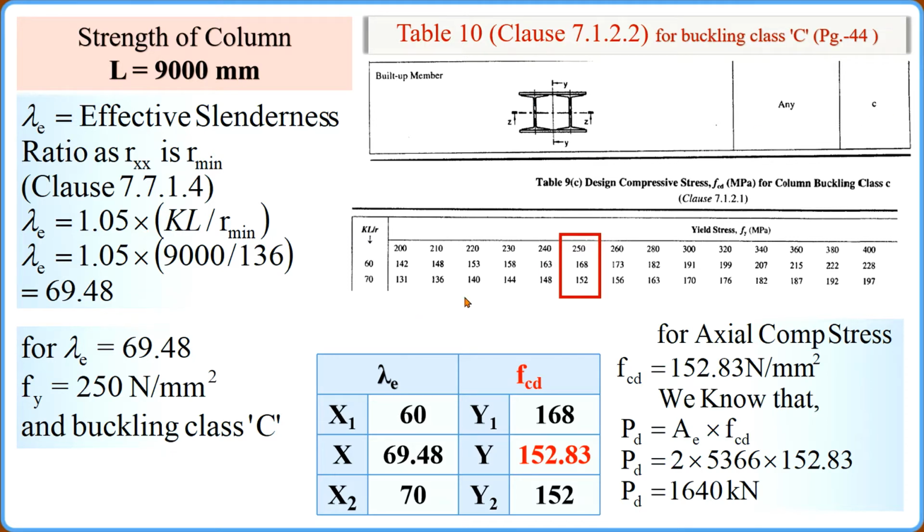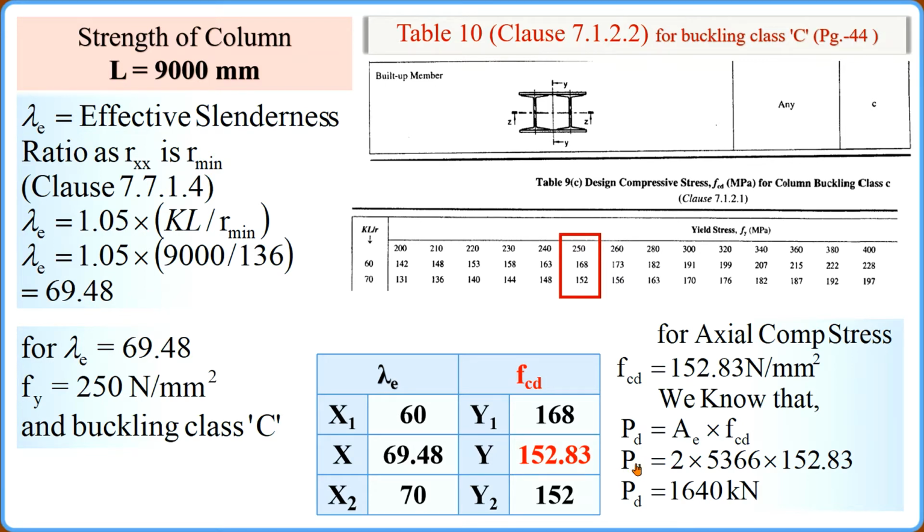So from table number 9C we can take the particular values corresponding to KL upon r minimum as 60 and 70. Those stress values we can take, and after interpolating we get the required value of axial compressive stress. As lambda is 69.48, the upper limit is 70, the lower limit is 60. So the corresponding fcd is 168 and 152, and after interpolation the fcd is 152.83.